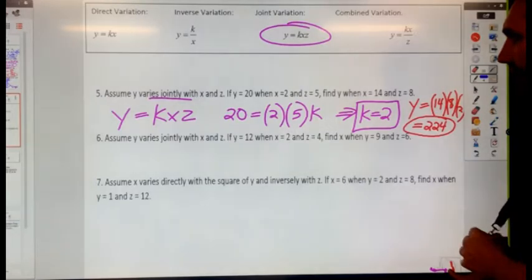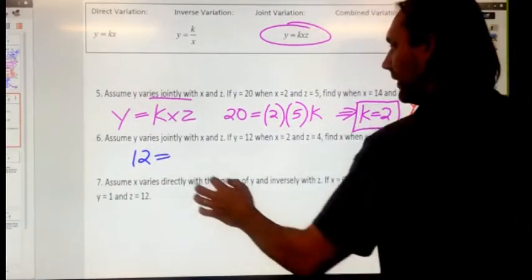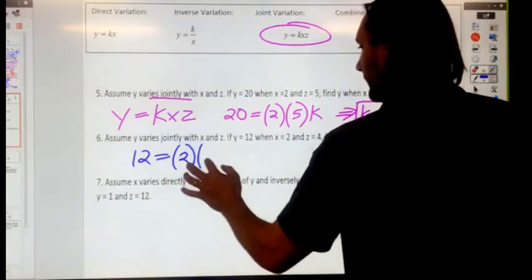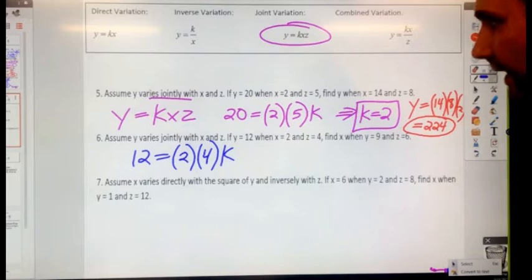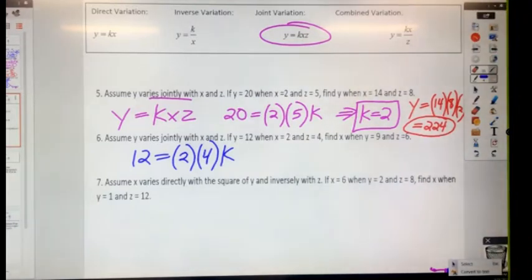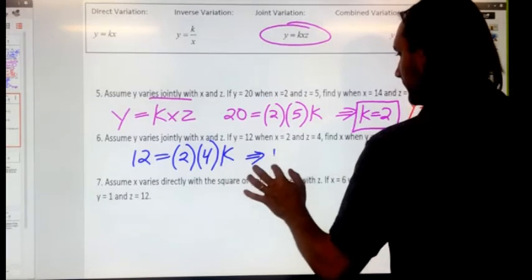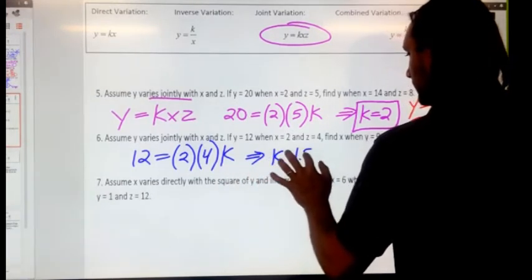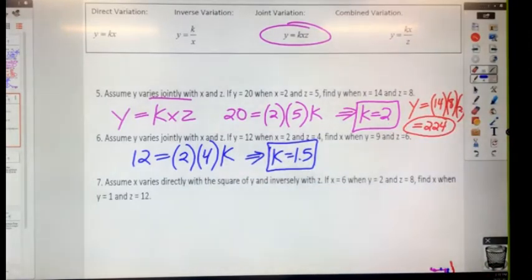So let's see, y is 12, so 12 equals k times x, which is 2, times z, which is 4, so 2 times 4 is 8. I'm looking for 12 divided by 8, you get 1.5. 1.5 for my k. Now I need to find x when y is 9 and z is 6.